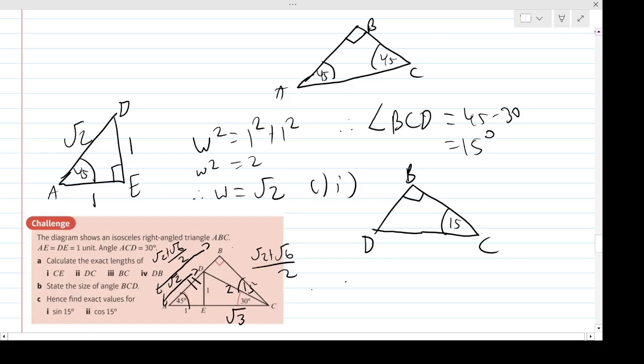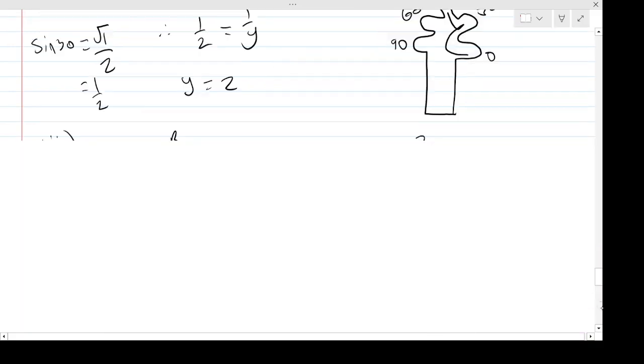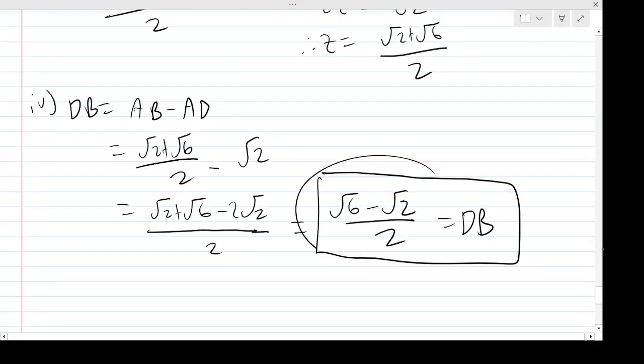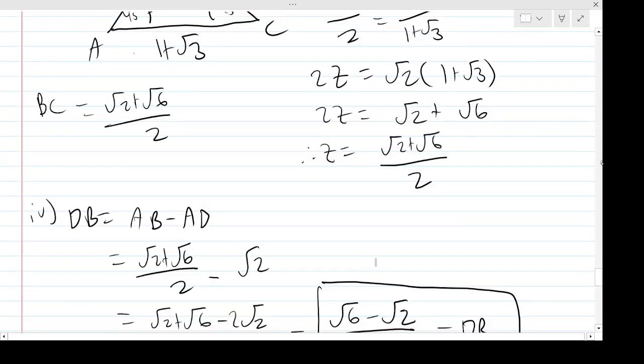We also know that the length DC is 2, and we also worked out in part A that DB, which is this length here, is root 6 minus root 2 over 2.